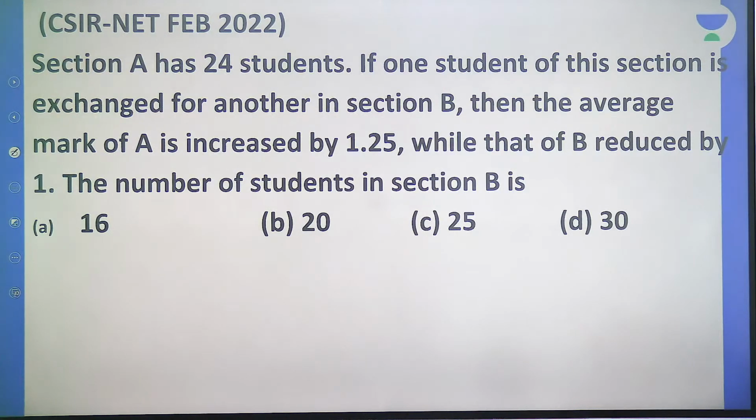I can see the C option and D option in the chat. Let's see which is correct. One second, I'll just shift the slide a bit.